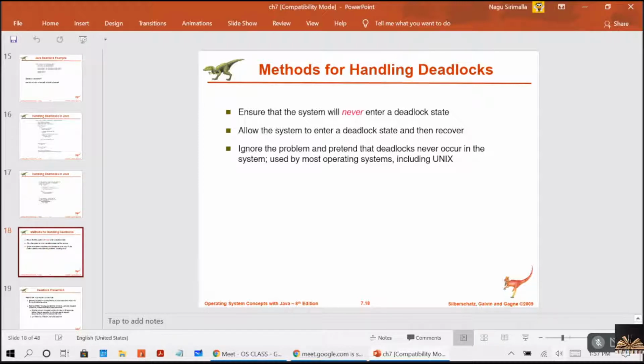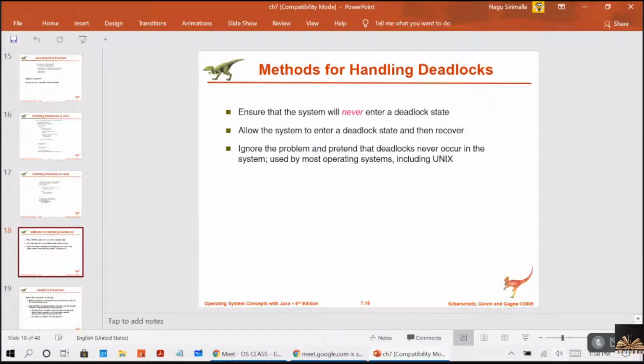But it is important that when the system enters a deadlock, you identify that there is a deadlock in the system, and you recover from the deadlock situation, right?